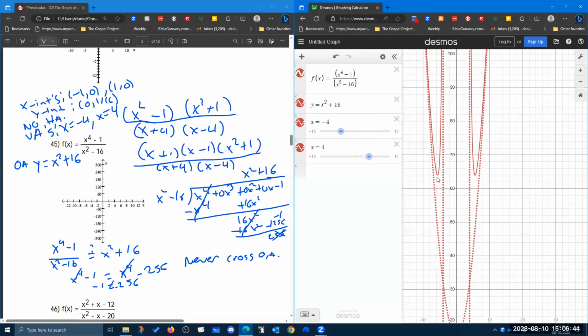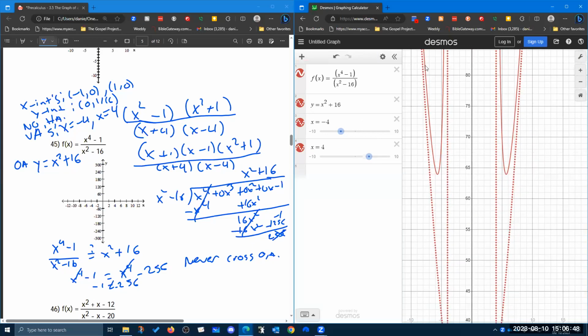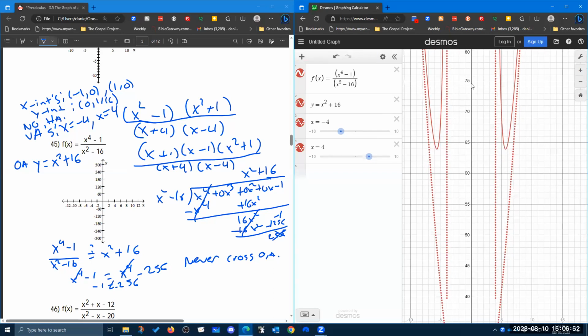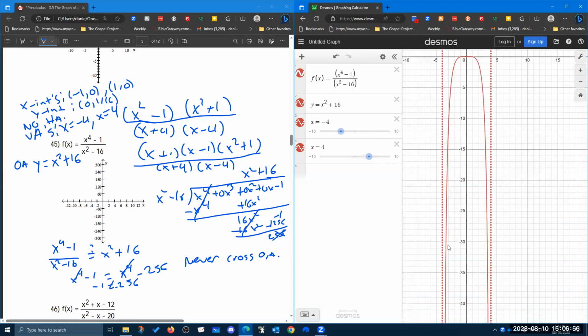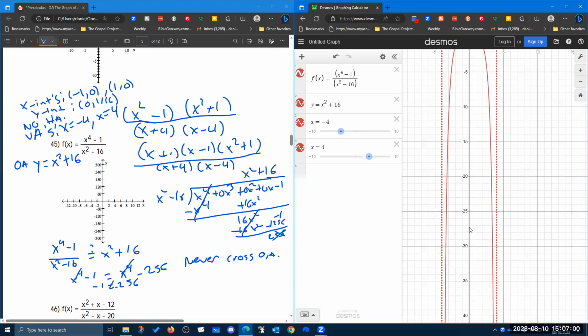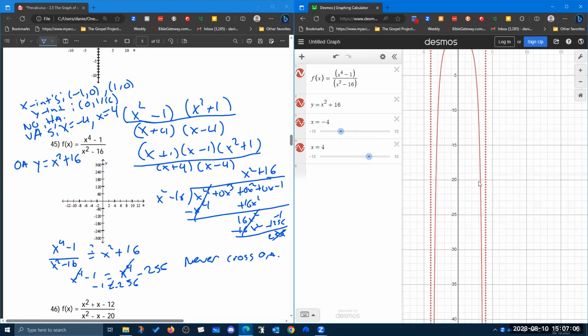And I'll zoom in on this area of the graph so you can see what it does. It approaches the oblique asymptote on the left and the vertical asymptote on the right. Then we jump down here when we approach the vertical asymptote here on the left-hand side, and this other vertical asymptote on the right-hand side.